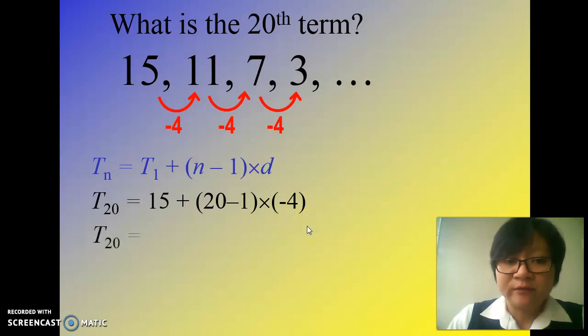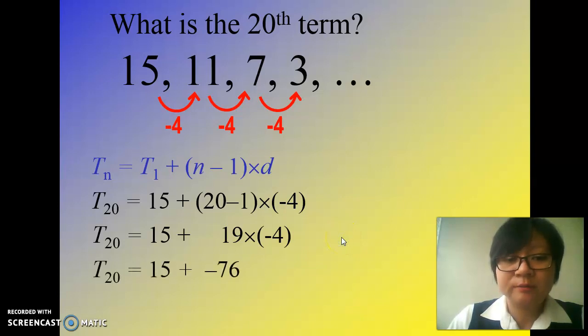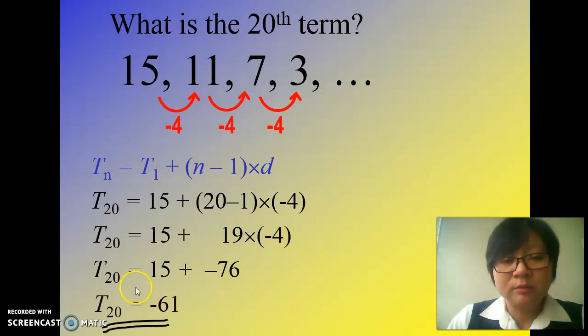You need to solve the bracket first, so after solving the bracket, 20 minus 1, we solve the multiplication and then solve the addition and subtraction. So the 20th term for this sequence is -61. This is an example of an arithmetic sequence with descending order.